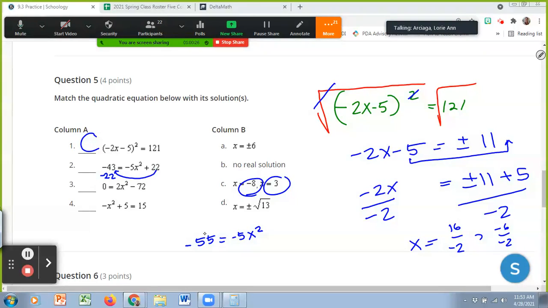Oh, why 52? 65. My bad, I added wrong. Okay, so this is negative 65. And this one divides exactly, right? You cross this out, and then this becomes positive 13.